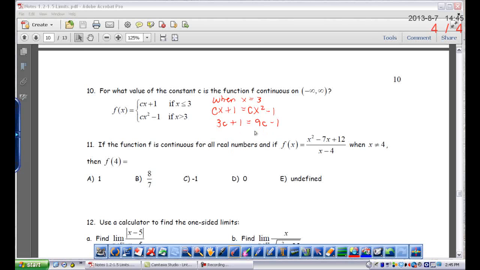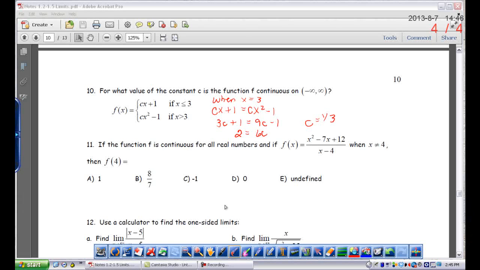I'm going to bring all the c's over to the right side, so I get 6c, and if I add 1 to both sides, I get equals 2. Then divide both sides by 6, and c equals 1/3. So if c equals 1/3, then that function will be continuous because the left and the right sides are going to have the same limit, or the same y value. Just a couple of different ways to think about that.